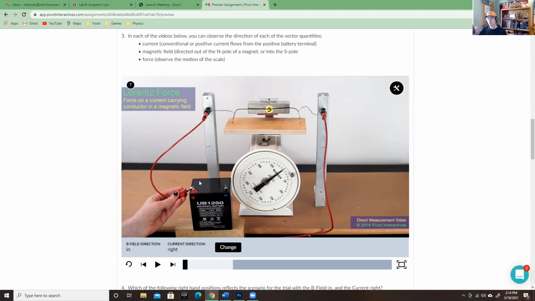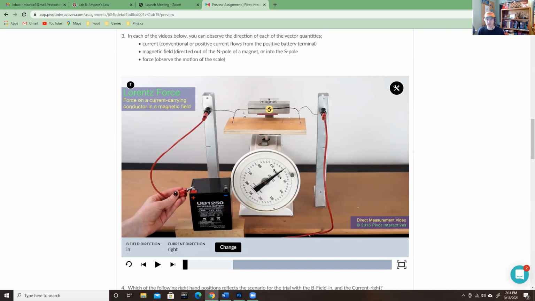And throughout this lab, we're going to use conventional current. So not the electron flow current. We're going to assume positive current. So coming out of the positive terminal and traveling down this way. So coming out of the positive, moving this way, and it would travel through this wire. If you look at this wire, it's connected to a wooden board.